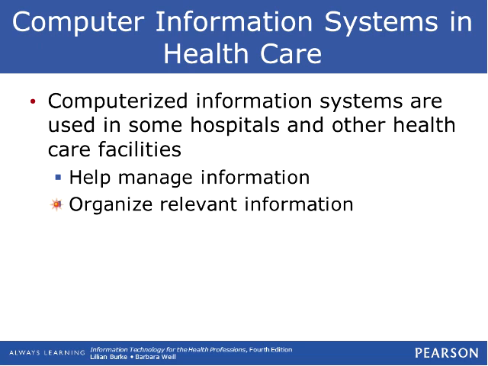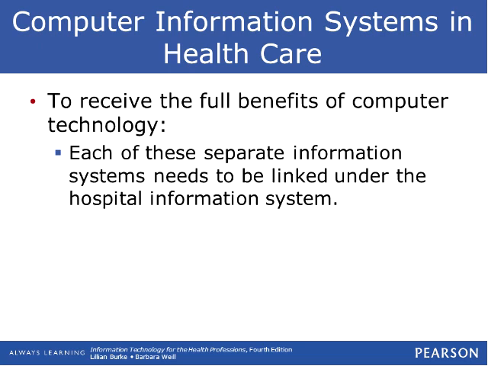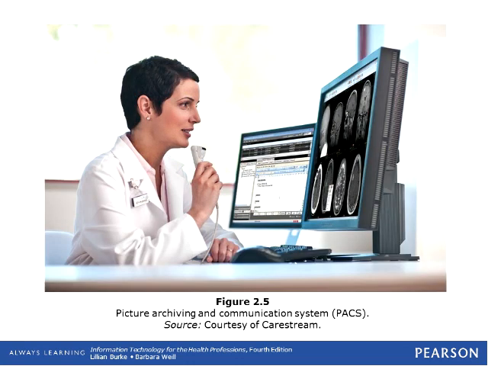So if 10 providers do something and 8 of them are very successful and 2 of them are very unsuccessful, they can see what the difference is in the quality of treatment. It's also to receive the full benefits of computer technology. Each of these separate information systems needs to be linked together. So your lab information, your pharmacy information, your X-ray information, radiology information has to be all hooked into this.